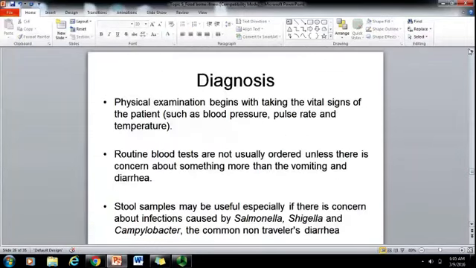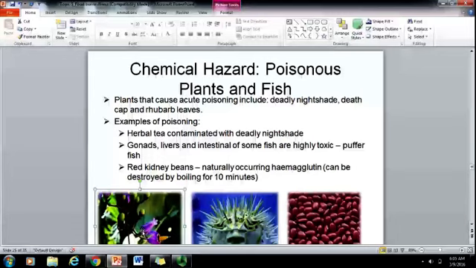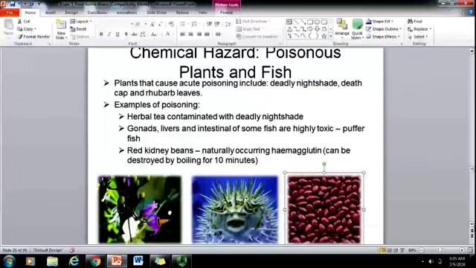There is also contamination that comes from the food itself. If you eat a poisonous plant or a poisonous fish, such as some herbal tea that has deadly nightshade, or if you eat a pufferfish, because in their livers and gonads they have toxins, or if you eat raw kidney beans.